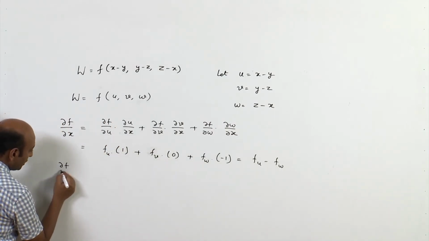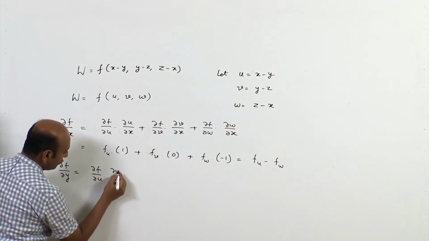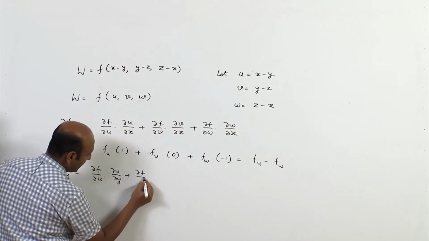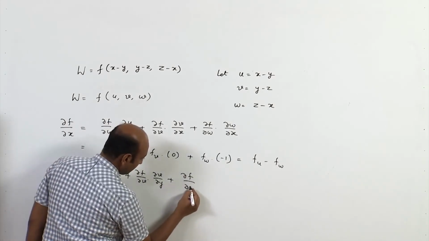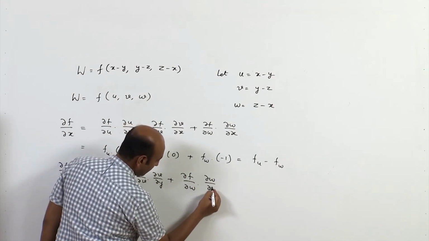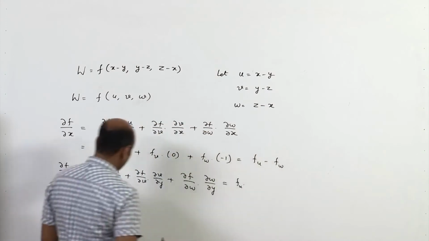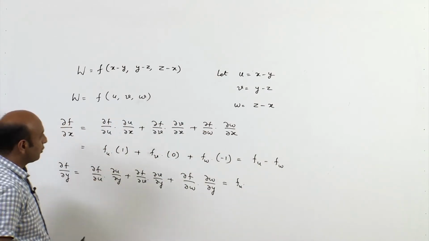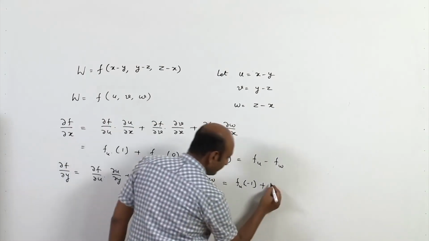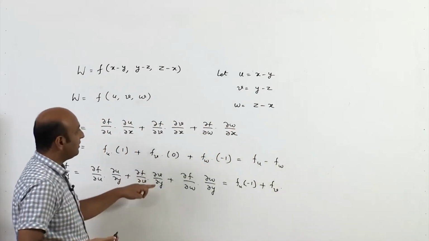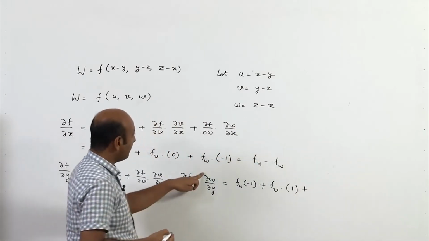Now, similarly, if you compute del f by del y, it is del f by del u into del u by del y, plus del f by del v into del v by del y, plus del f by del w into del w by del y, which is equal to f u into del u by del y, which is minus 1, plus f v, where del v by del y is 1, plus del w by del y is 0.